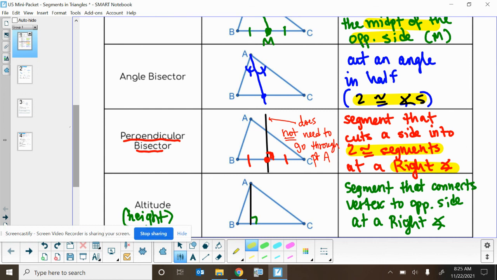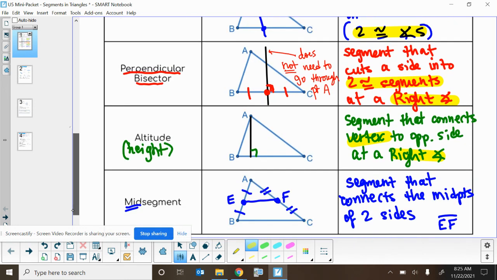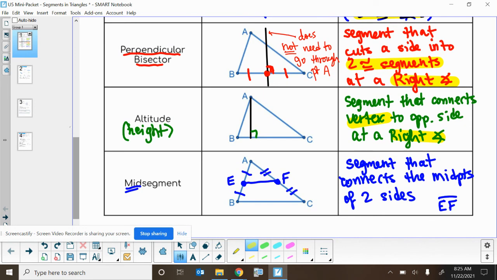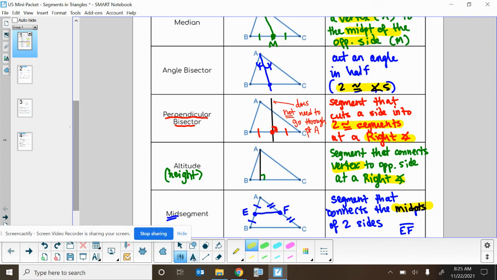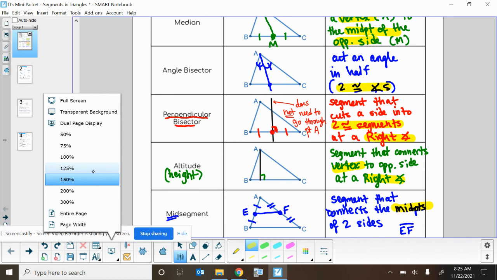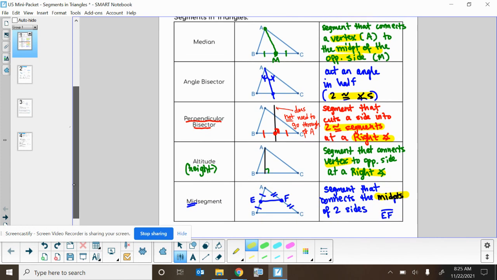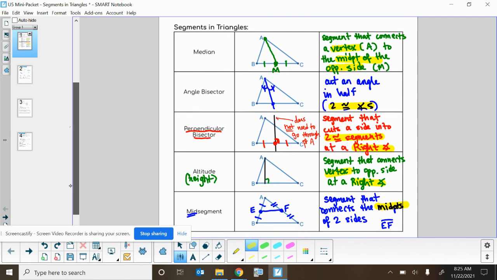An altitude also has a right angle, but it has to go through a vertex. And then finally, the mid segment connects midpoints. So those are kind of the important things. I'll zoom out so you can see all of this at the same time. I'll zoom out a little bit more. So you make sure, please, that you have all of that written down.